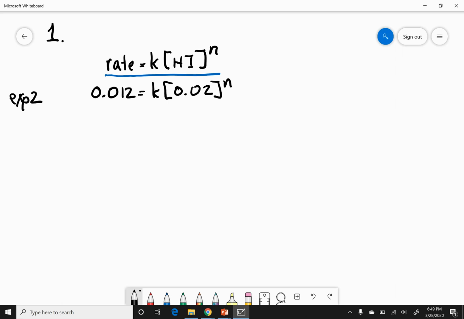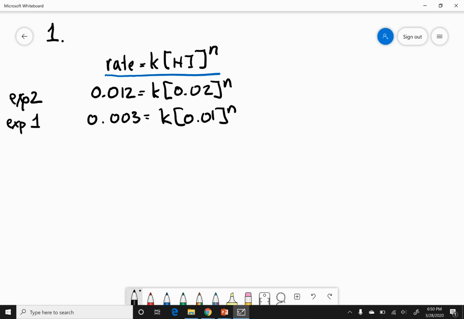Now, the next thing I'm going to do is write everything for experiment 1 in terms of the rate law. So again, my rate, 0.003 for this experiment, is going to equal k. And this time, the concentration was 0.01, and I raised that to the nth power.